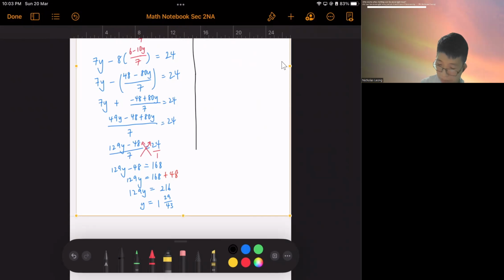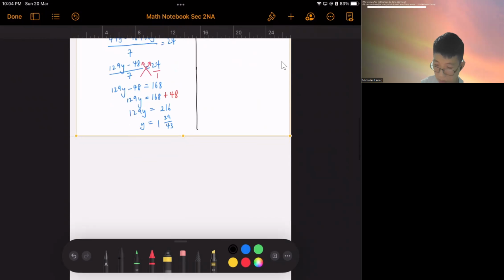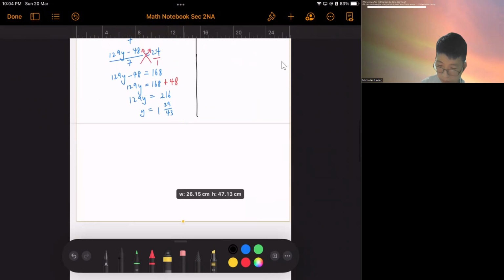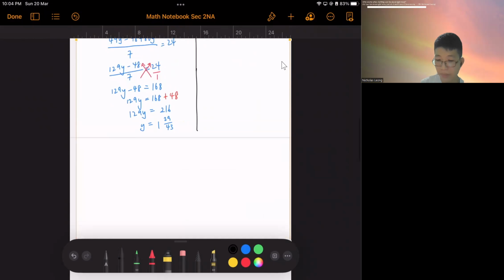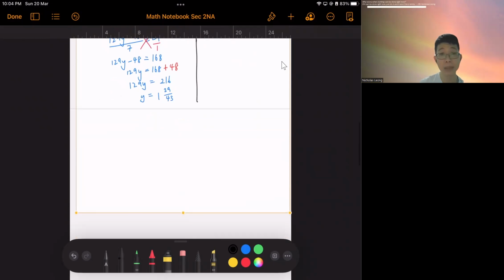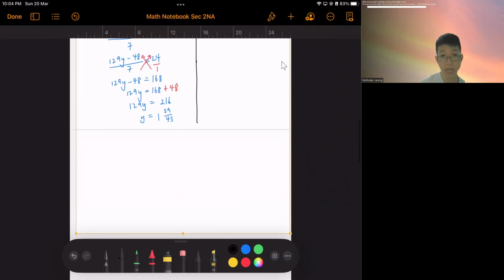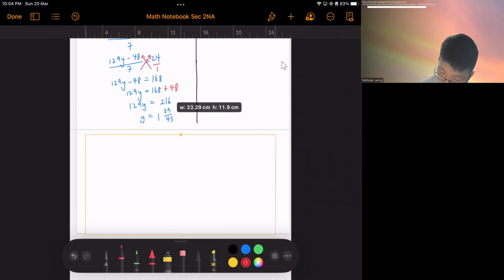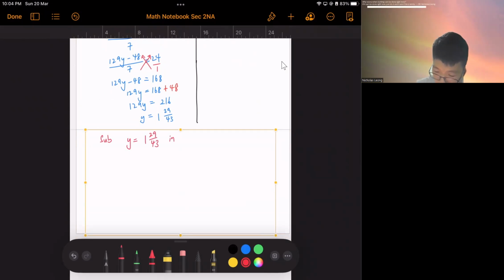Now I need to find the value of x. Okay, since there's no space, let me drag further down. To find the value of x, it's the same thing as the elimination method. Once you find the value of y, you need to substitute it into another equation to find the value of x. So I will substitute y equals 1 whole and 29 over 43 into equation 3.